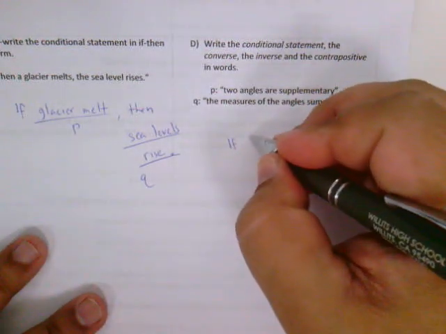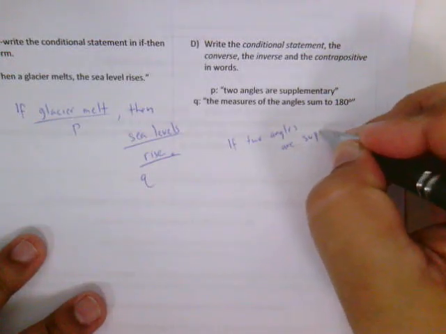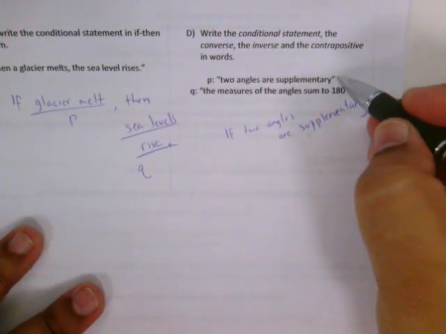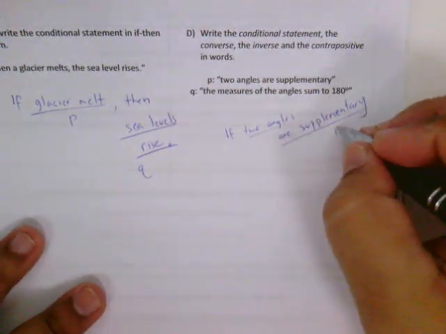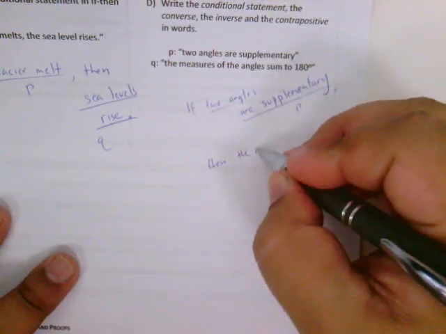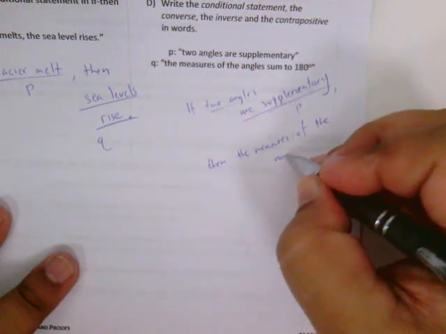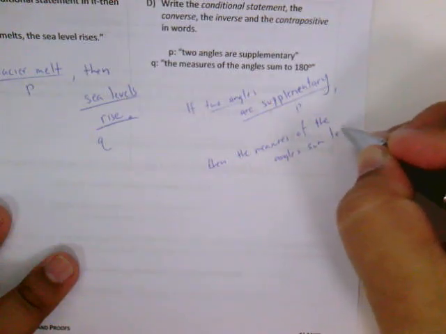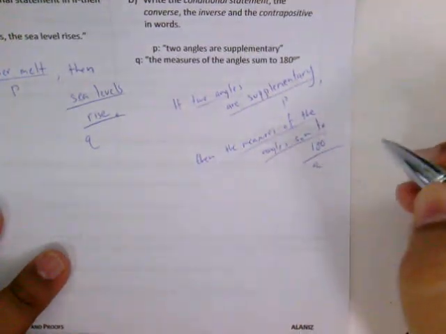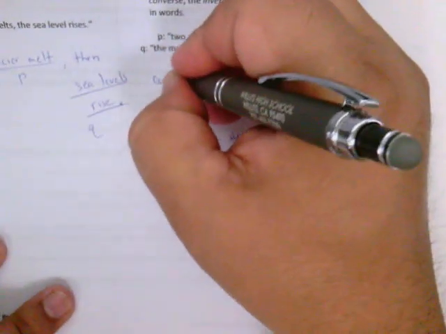So if two angles are supplementary, and I know I'm writing small, but I'm just writing this down, that's my P. Then the measures of the angles sum to 180. Okay, so that's my Q. This is what I would call my conditional statement.